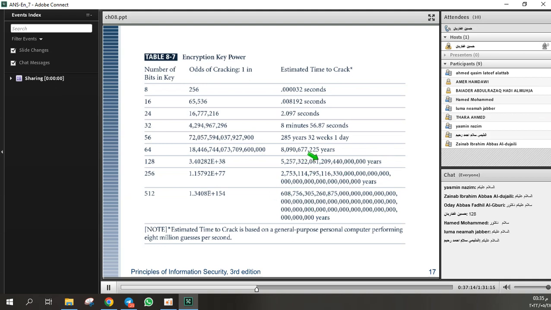With a general purpose computer, even with 64-bit length, I cannot resolve the problem, decrypting the message. Even if I use 56-bit key length, 285 years. So the length of key is very important.